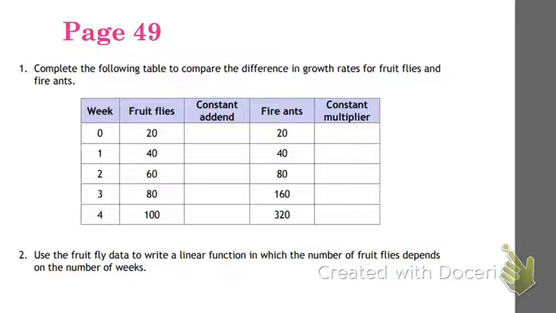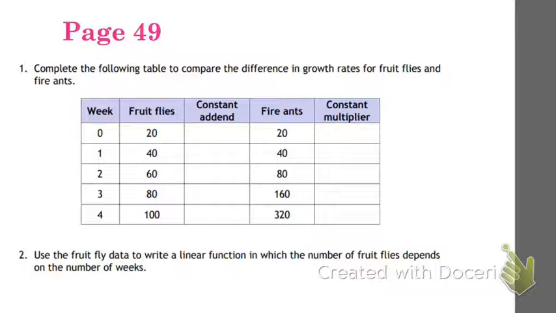Someone really likes bugs, and they are seeing how many fruit flies and how many fire ants they can have over the course of 4 weeks. I can't say that I would study fruit flies or fire ants, but you know, if that's your thing, go for it. Follow your dreams.